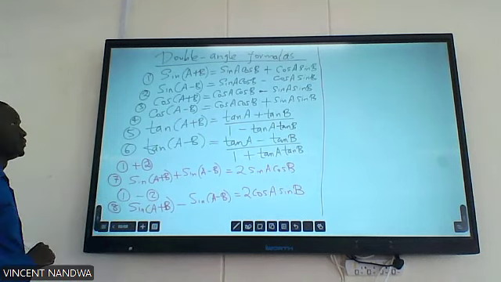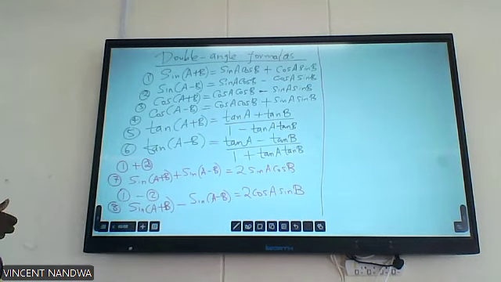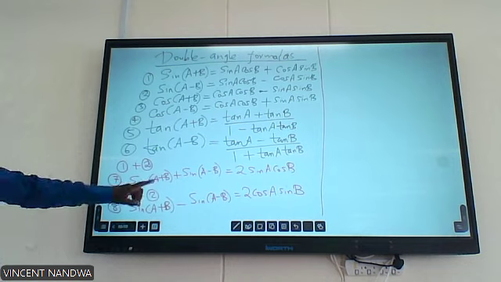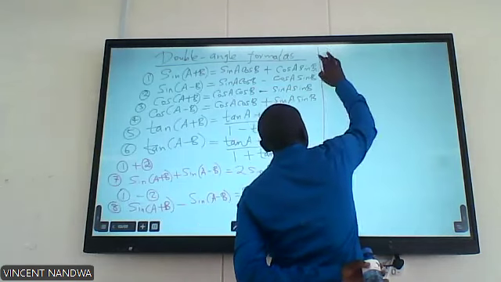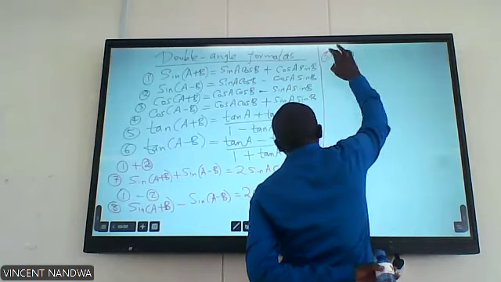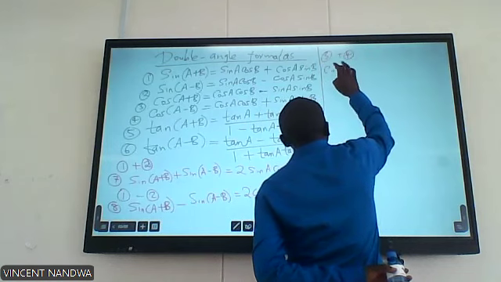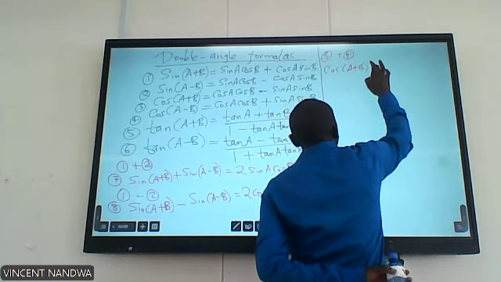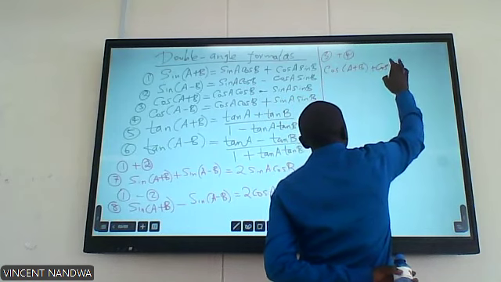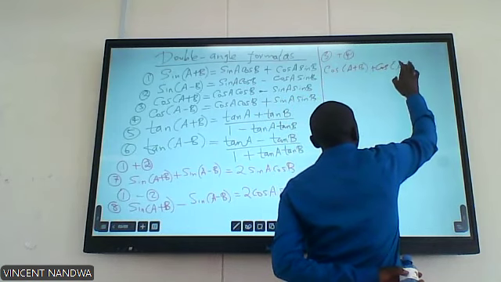This is another relation. And you can perform the same thing for 3 and 4. So 3 plus 4 will have cos A plus B plus cos A minus B.